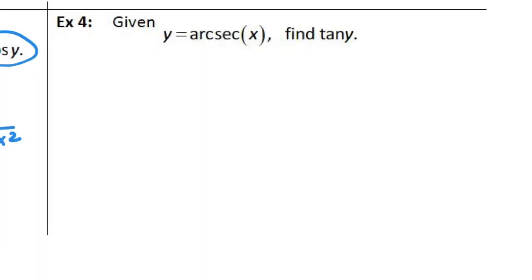For example 4, I'm looking for the tangent of y. We're going to follow some similar ideas. We can rewrite our problem: secant y is equal to x. Draw that right triangle and label the angle y.